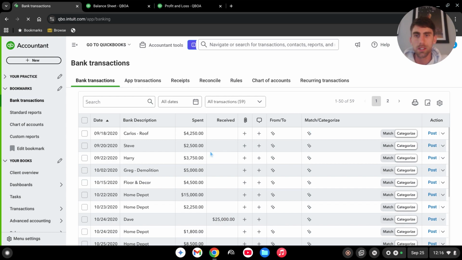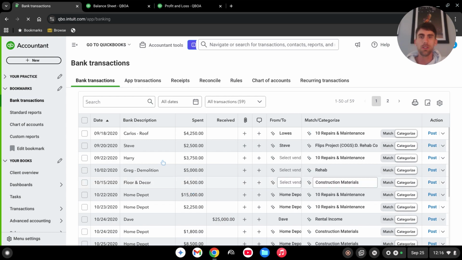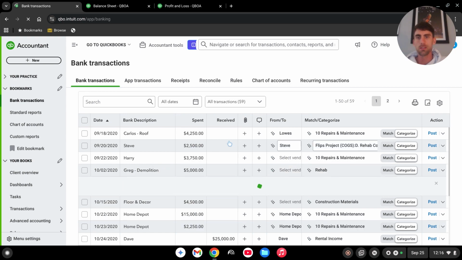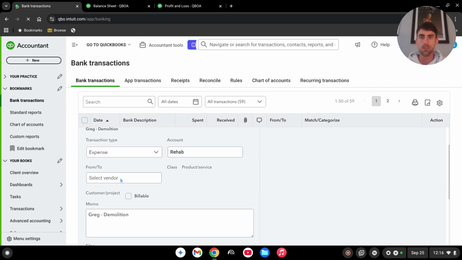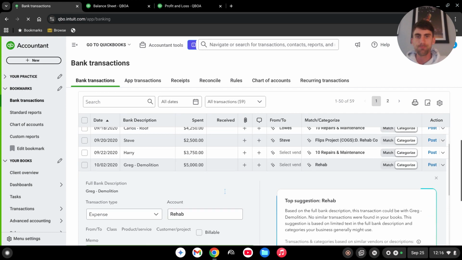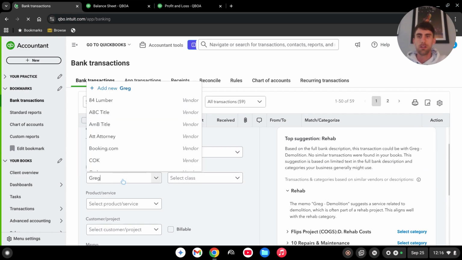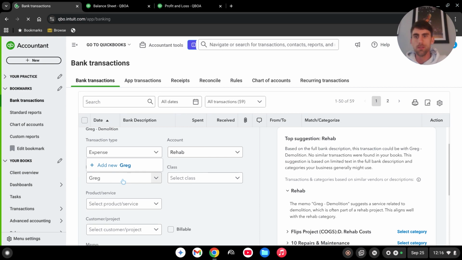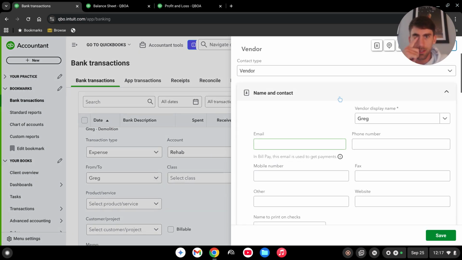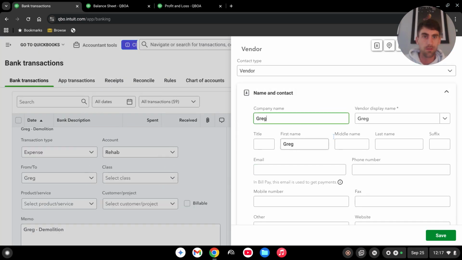Because when we come in here and we're incurring expenses for our project and we're paying certain contractors, we want to have this tracked as a 1099 so that we can send that out to them at the end of the year.